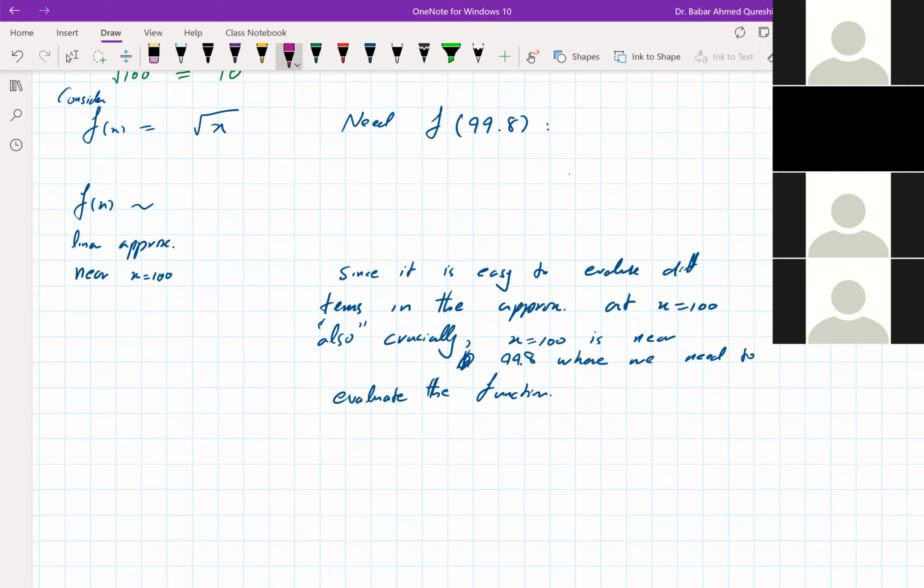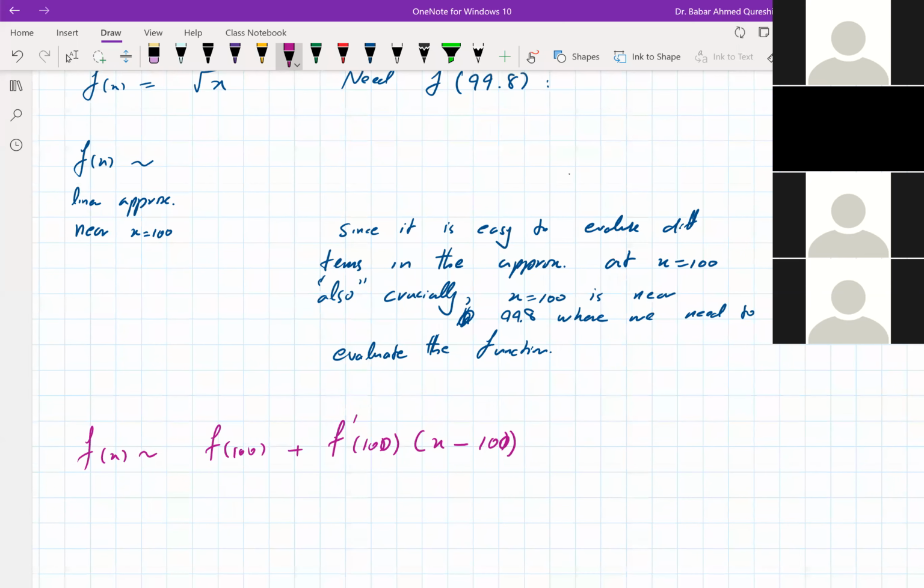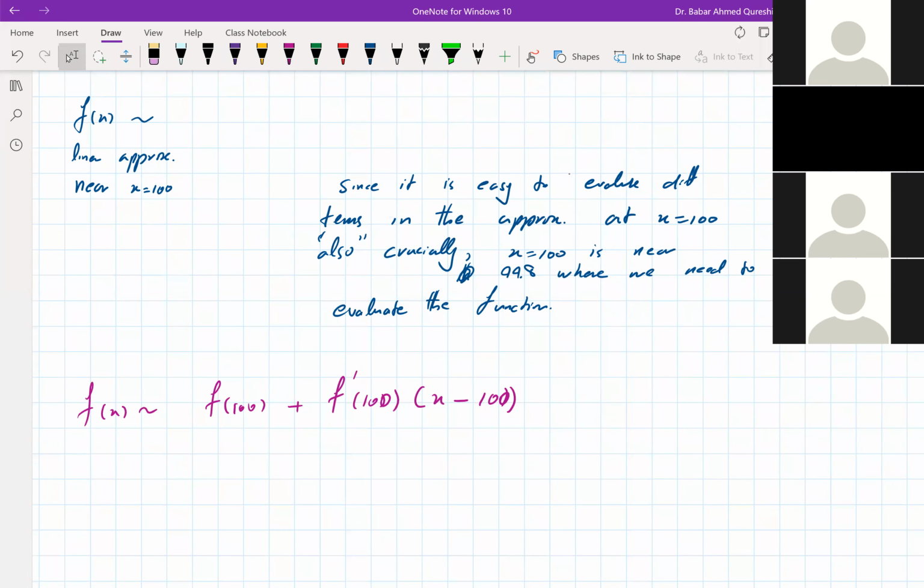So let's just do it. F of x: first you have to evaluate this at 100, and then you have to compute the derivative evaluated at 100, and just multiply with x minus 100, the point where you want the linearization.